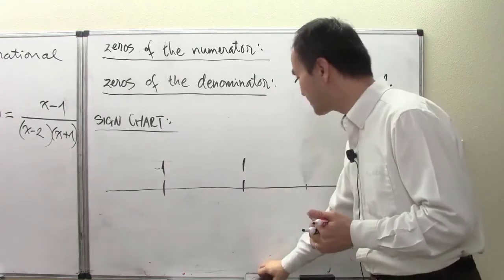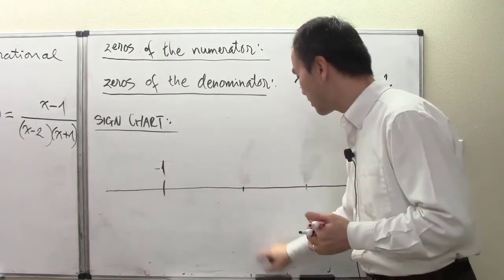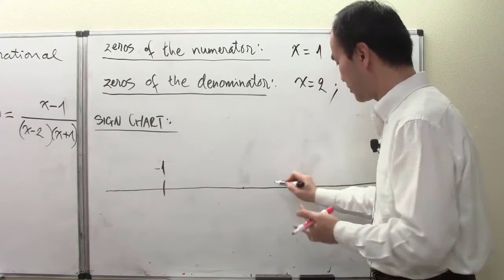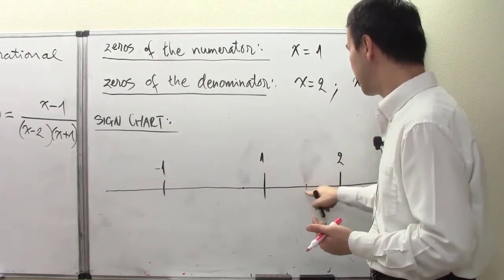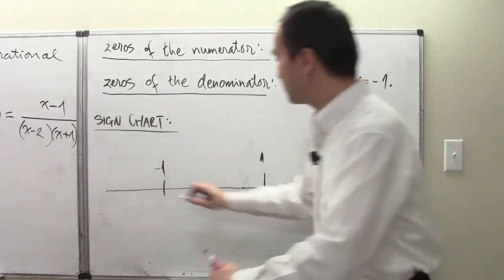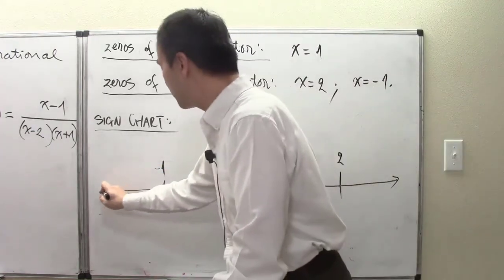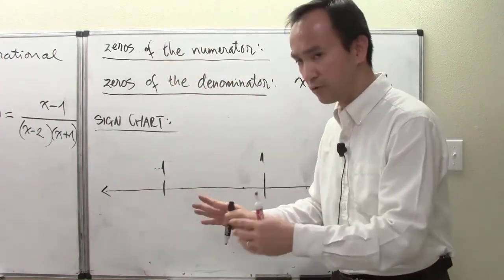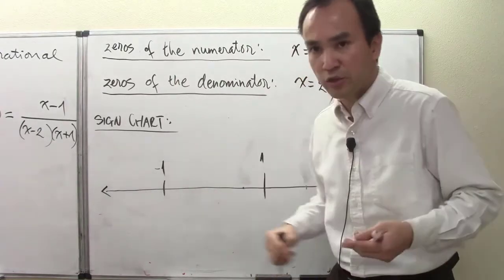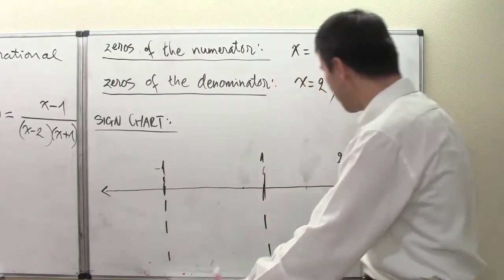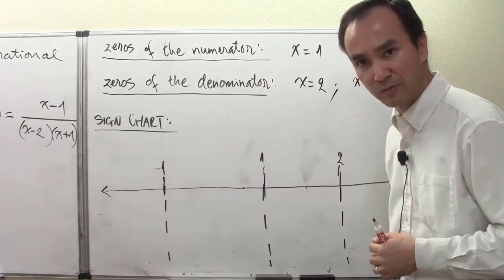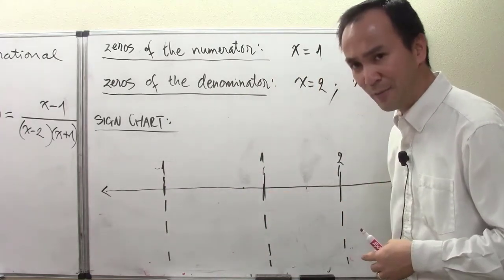So this one is a little too close, and then 2 is here, so 1 is here. Now this line of real numbers is broken into 4 separate intervals. We have a chart that splits our board into 4 separate columns, ready for a table kind of thing.